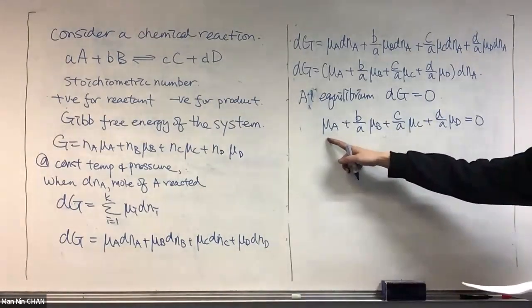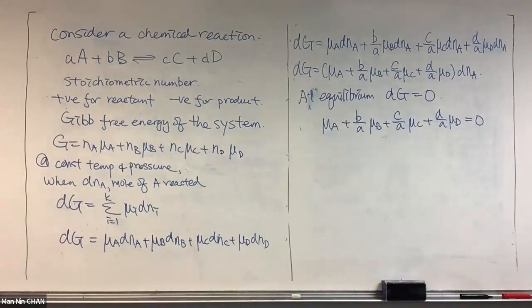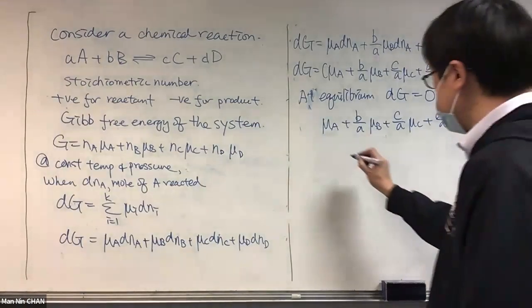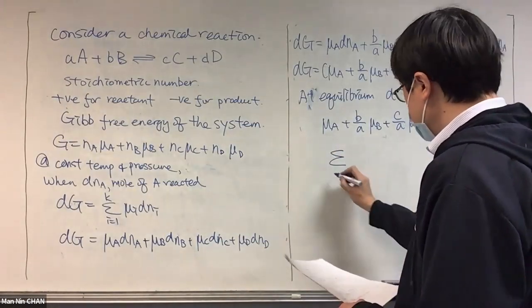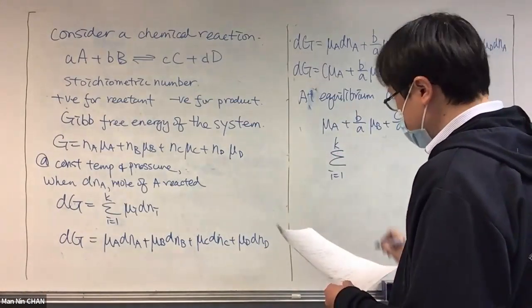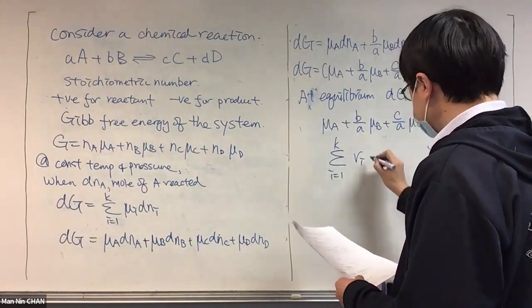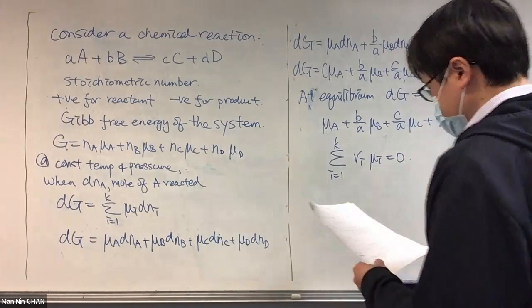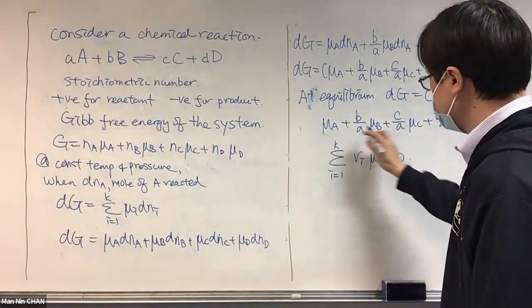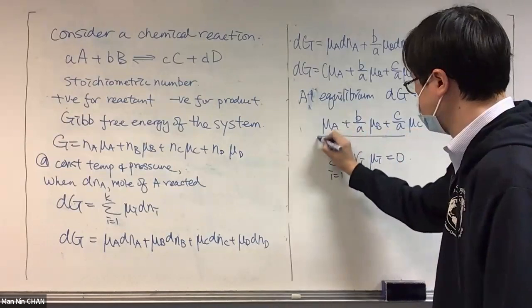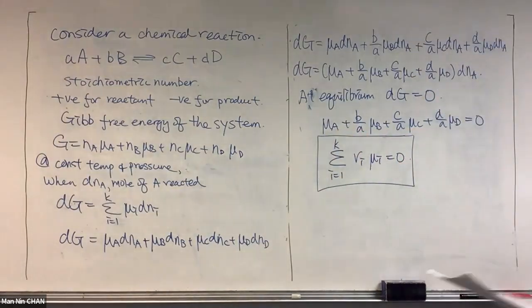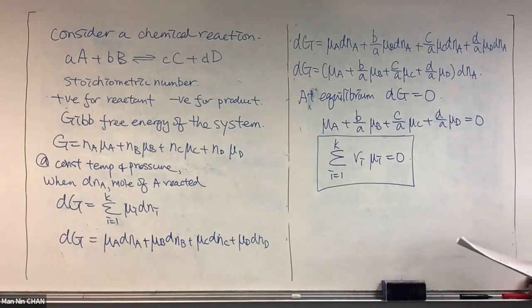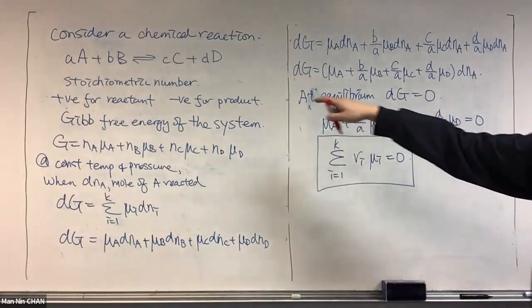So from this equation, what you get at equilibrium is that you can just rewrite this. Looking at this term, it's just a summation over all your species. So this will be the general equation. You can write it down, and then you can define this as what we call the stoichiometric number.